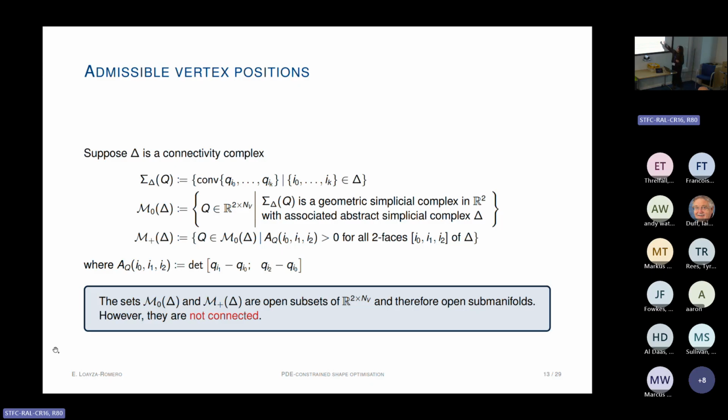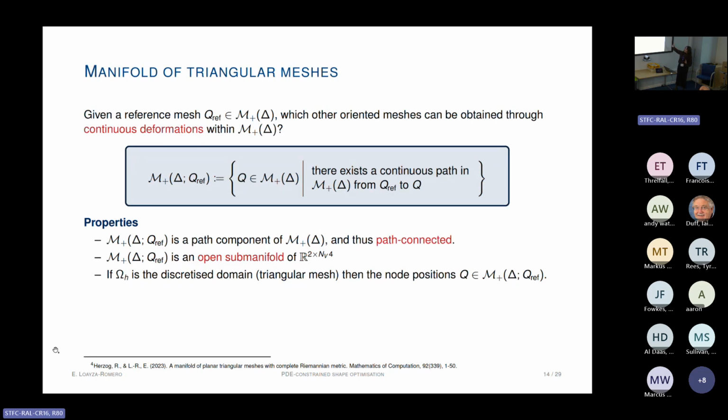The elements of this space are really matrices, because we're working in dimensions which are 2 times the number of nodes of my initial mesh. One of the things is that these sets were not connected, and we wanted them to be connected, so that we could reach different points with any path. That is why we consider this path-connected component, right?